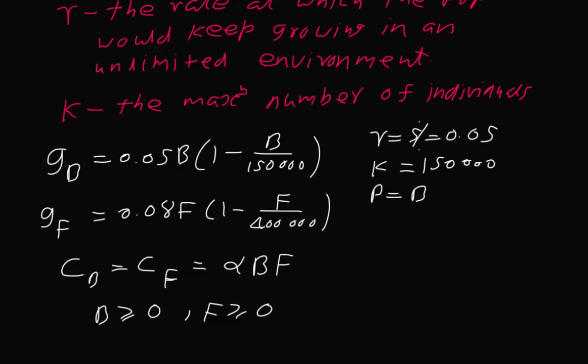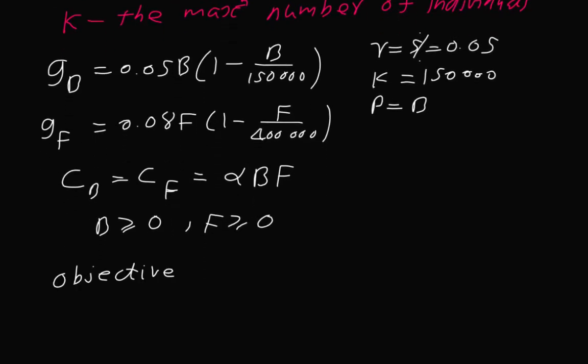Okay. Then objective: determine whether the dynamical system can reach a stable equilibrium starting from B equals 5,000, F equals 70,000.